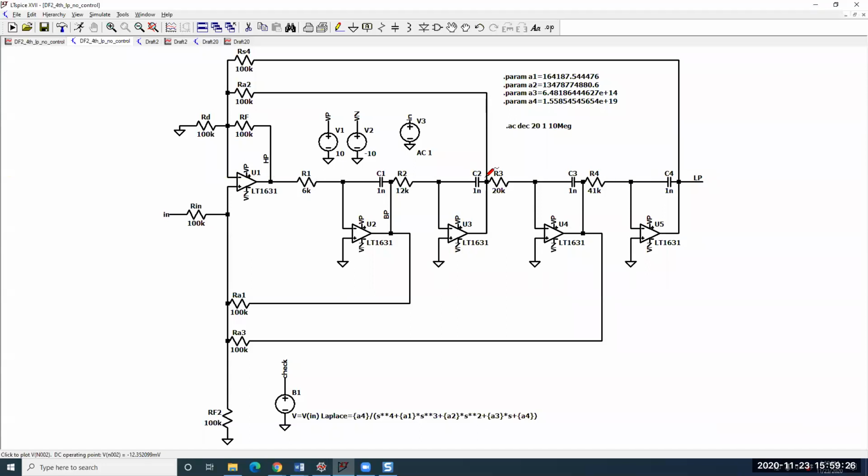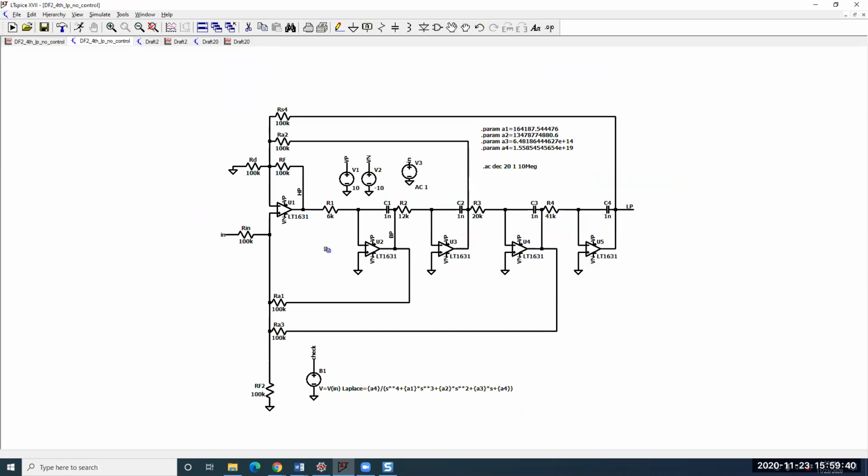So for the one that I just showed, we were getting s cubed, right? S to the fourth would come here. S cubed would come off of this node, and it's inverting.